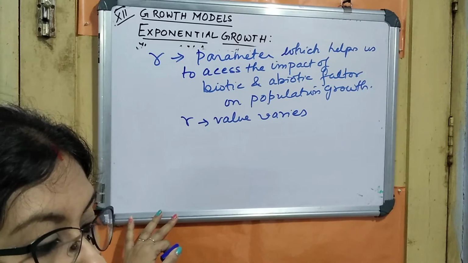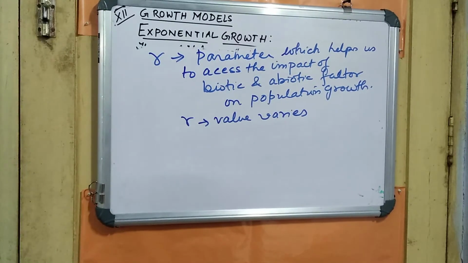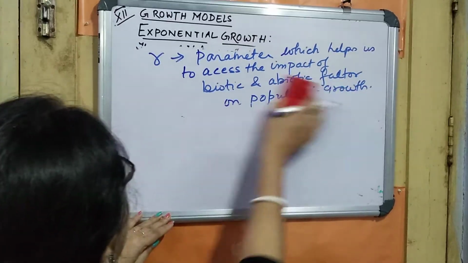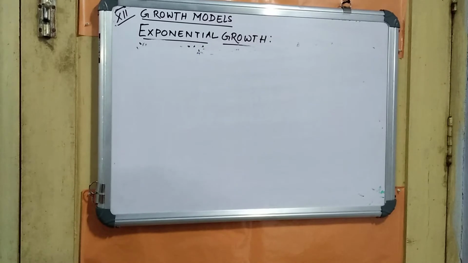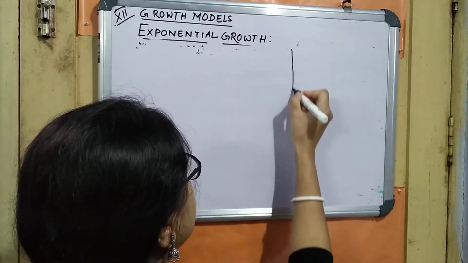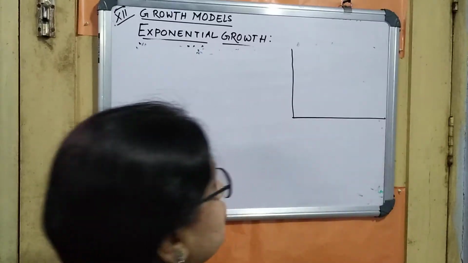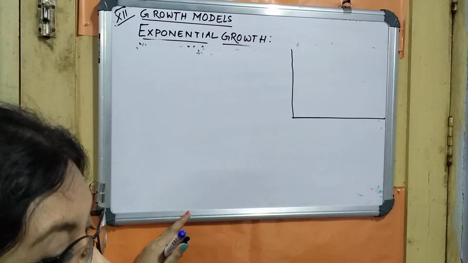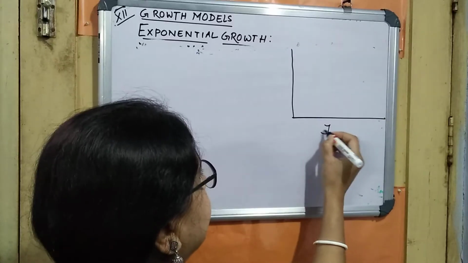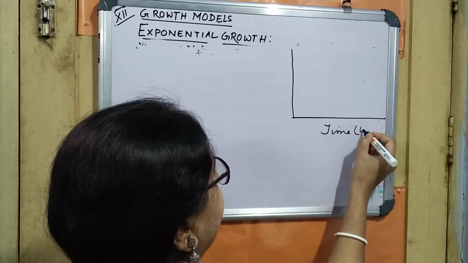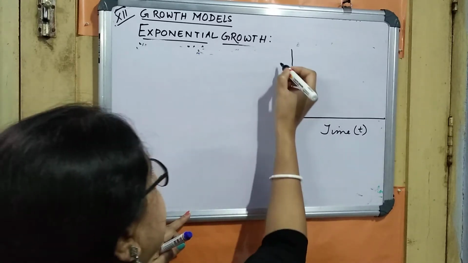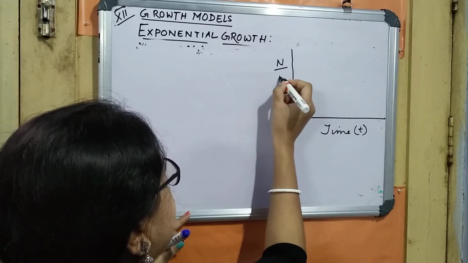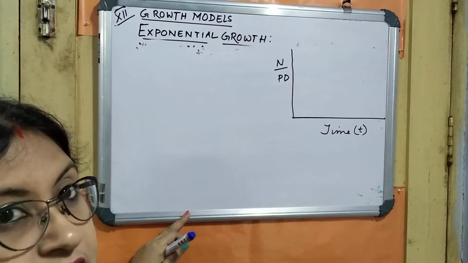And now we will see the graph, how it is. When we talk about the exponential growth graph, I will first draw the two axes, which is very important to know. On the x-axis we will take time, right? And on the y-axis we will take n. What is n? N is the population density, right?